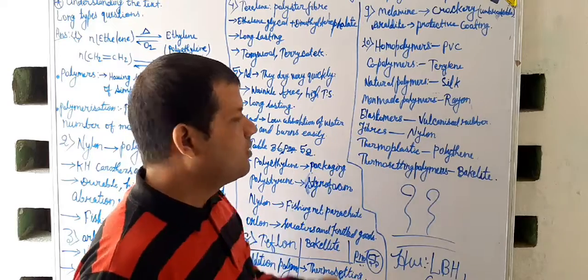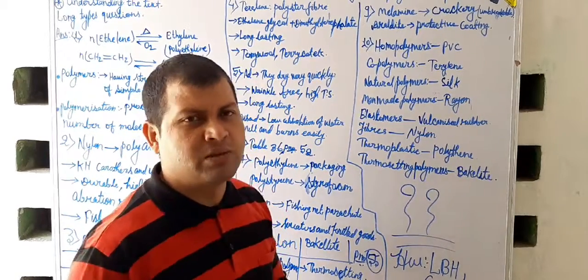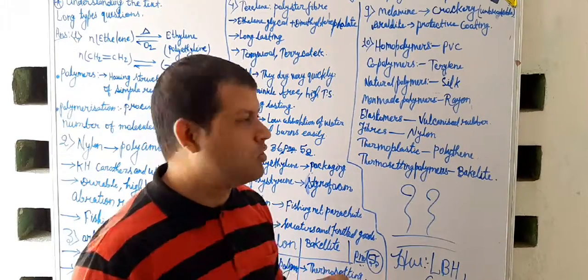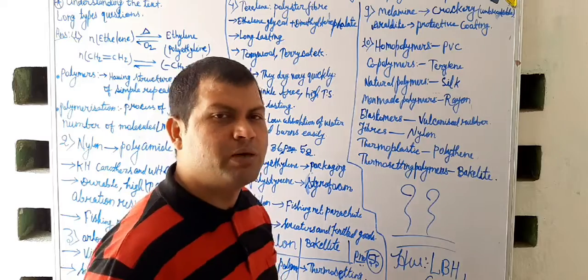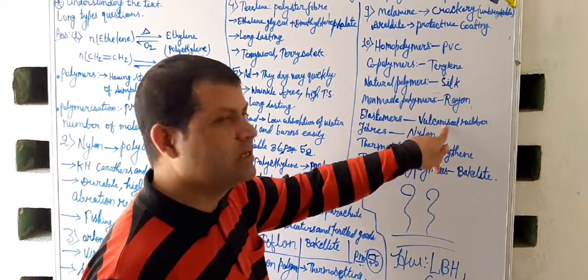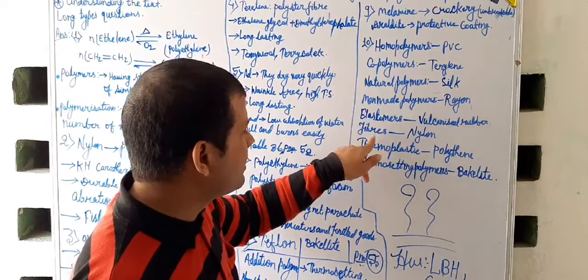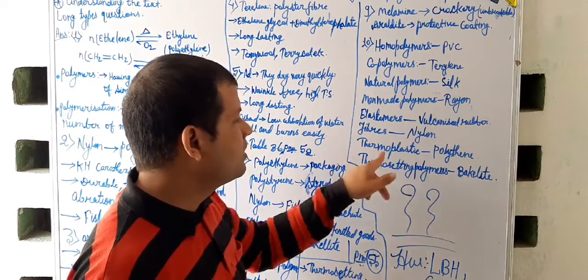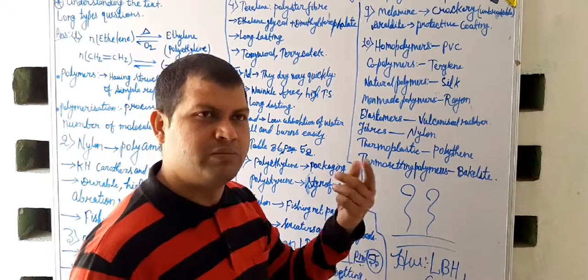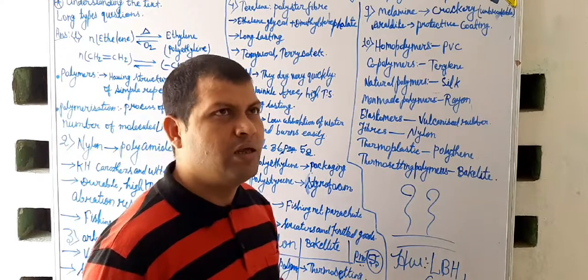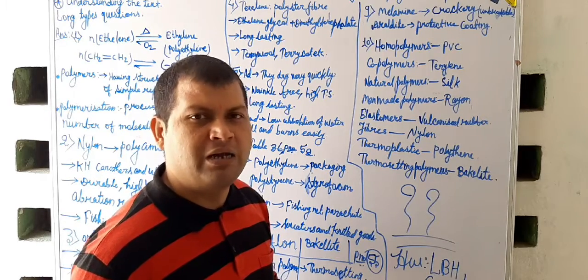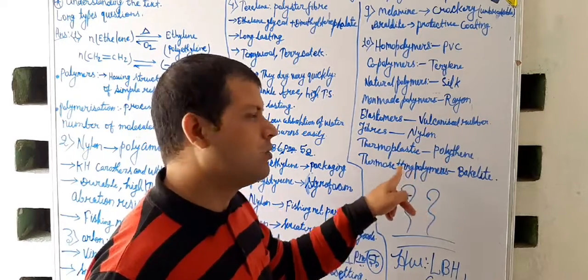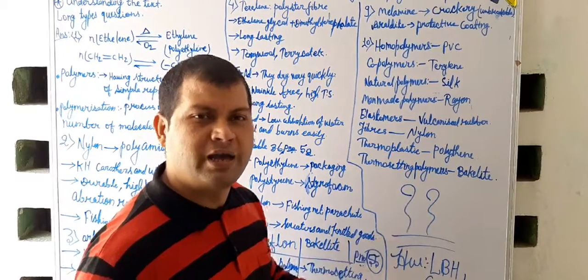And now I am going to discuss the polymers on the basis of molecular forces acting between the monomers. There are four types of polymer. First is elastomers, whose example is vulcanized rubber, and another is fibers, whose example is nylon, and another is thermoplastics. On heating they become soft, and on cooling they become hard again and again.